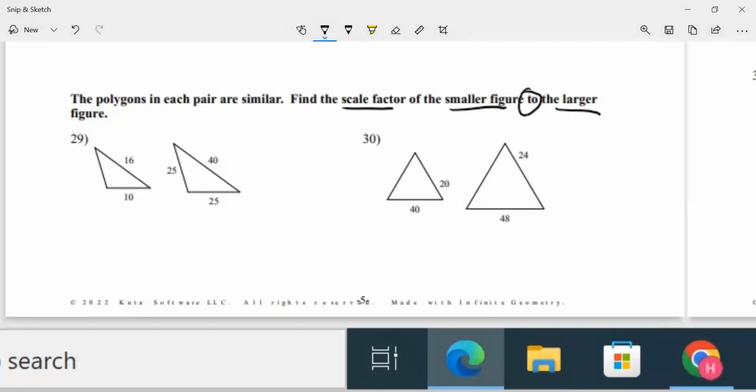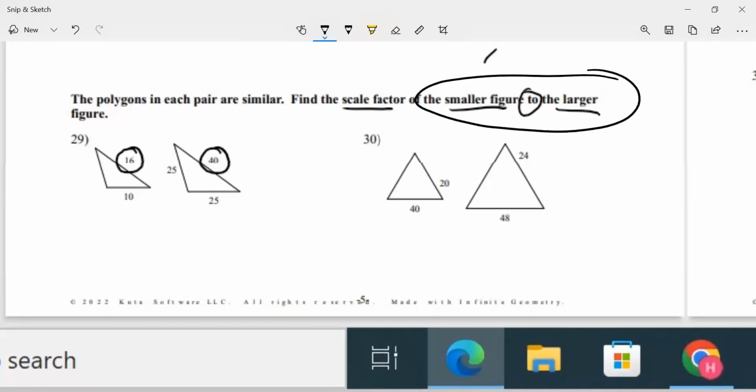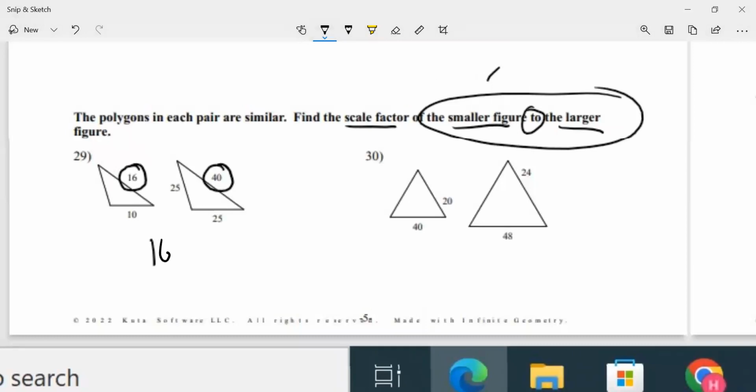I'm going to choose a number from the small figure, which is 16. The corresponding part on the bigger figure is 40. And I'm going to choose the small figure first because here, I want you guys to read this, smaller figure to the larger figure. The small figure first, okay? So the way I'm going to write this will be 16 colon 40.